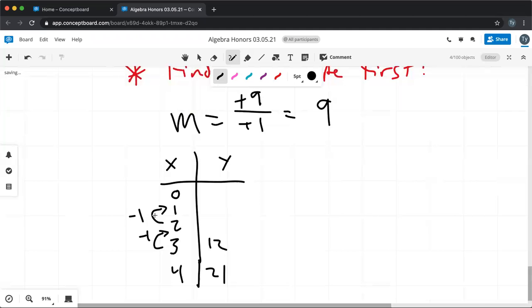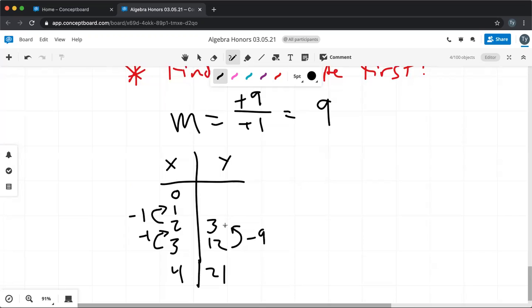We're doing the opposite, right? We were adding 1 each time. Now we're decreasing by 1, but the pattern should remain the same. So instead of adding 9 to get to the next one, we decrease by 9. So 12 minus 9, that's 3. That's going to be our value for x equals 2. When we plug in x equals 2 to whatever equation we end up getting, we should get 3.